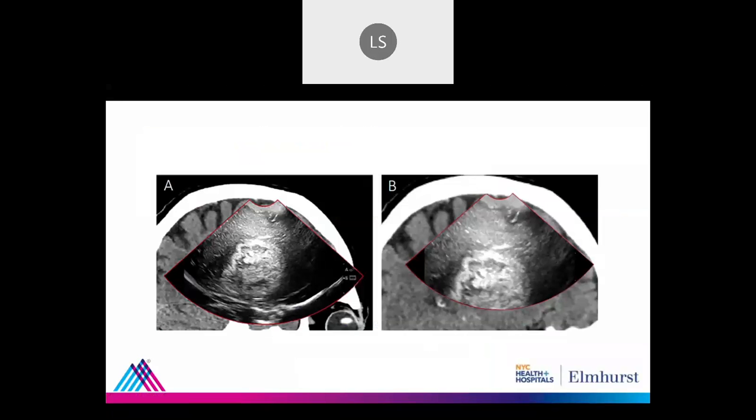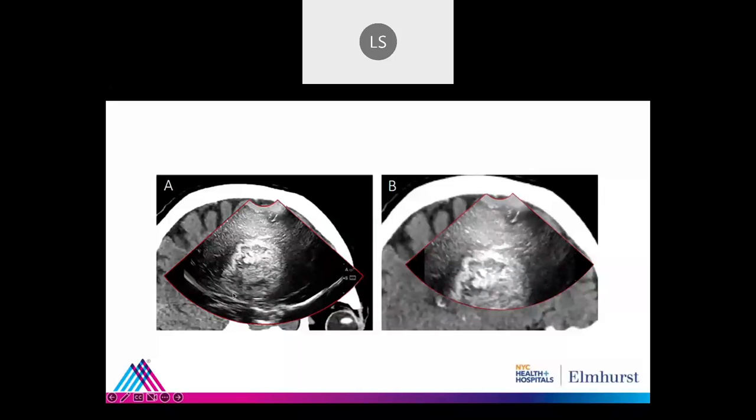There are different things that we have to take into account when we're doing an ultrasound of the brain. You usually start with 8 or 7 centimeters depth, so we can have a better understanding of the tumor and the surrounding intracranial structures.